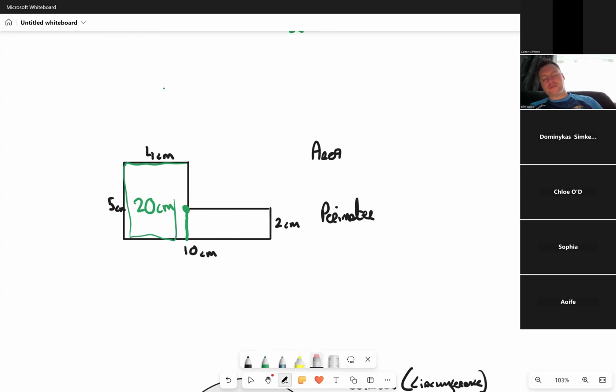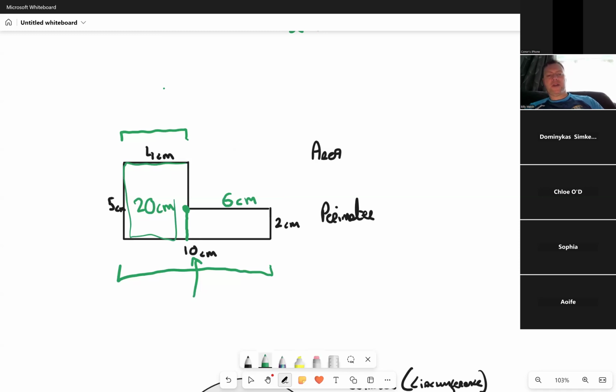I multiplied 2 by 6. 2 by 6. Where'd you get the 6? I minus 4 by 10. Ah, okay. So you're saying this length here is 6 centimeters, yeah? And how you got that is, correct me if I'm wrong, the whole length you saw as 10 because there's 10. And this bit up here is 4.